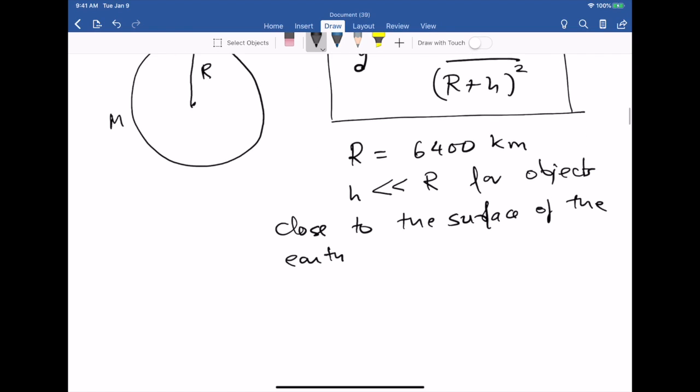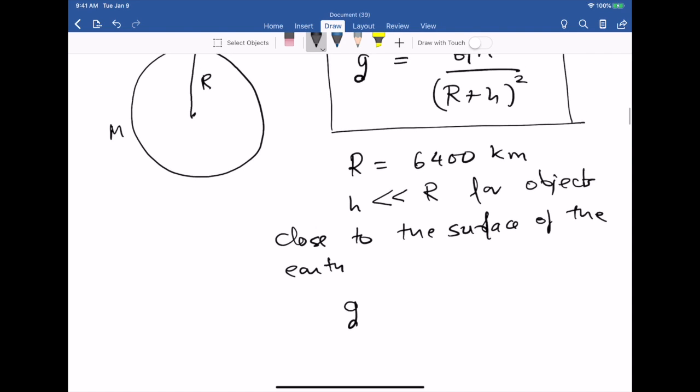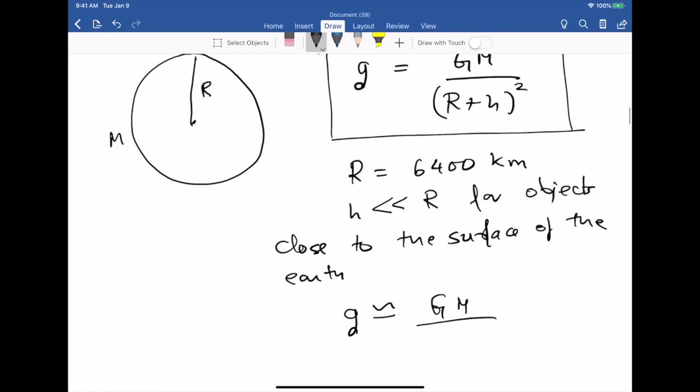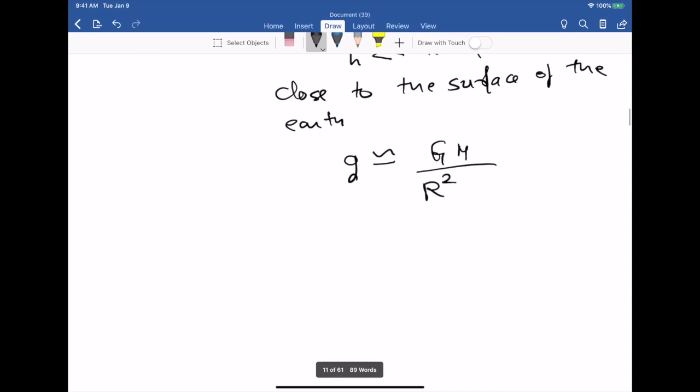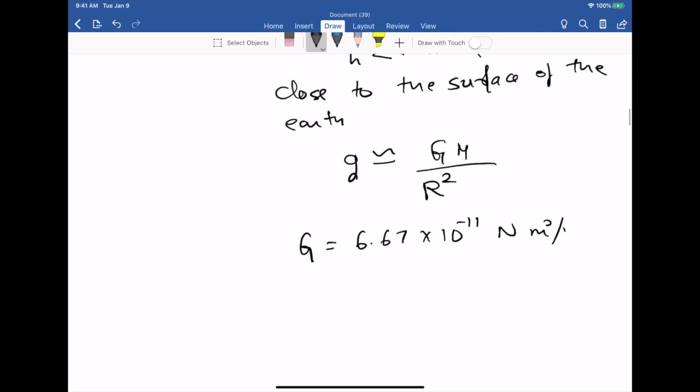So you can ignore the h, and you get this approximate but fairly accurate value of g, which is GM divided by r squared. I'm ignoring the h. So if you plug in G equals 6.67 times 10 to the negative 11 newton meter square per kg square, mass of the Earth 6 times 10 to the power of 24 kgs, it's actually 5.97, but I'm just putting down 6 times 10 to the power of 24 kgs, and radius of the Earth, which is 6.4 times 10 to the power of 6 meters.